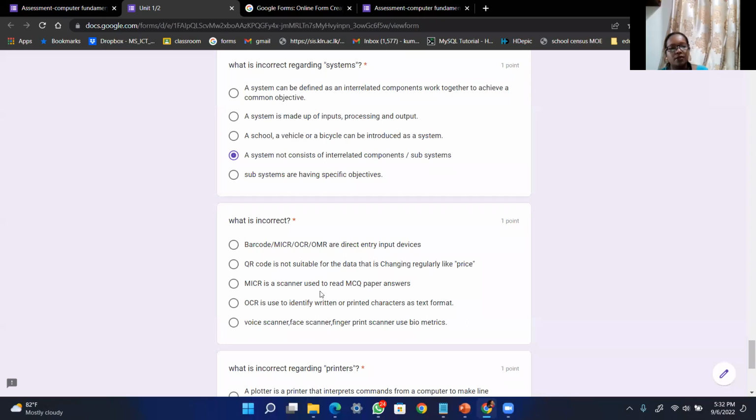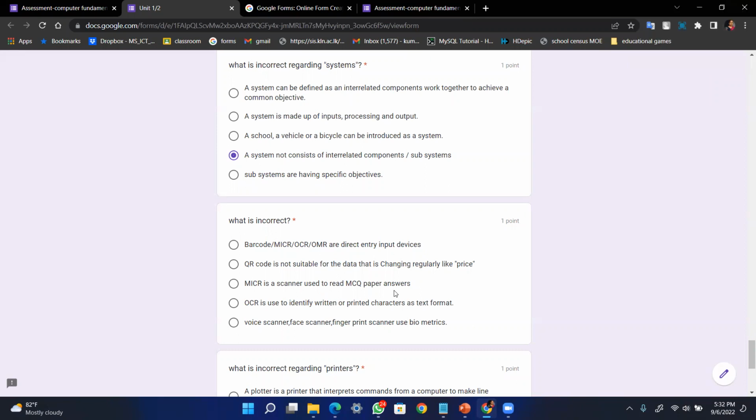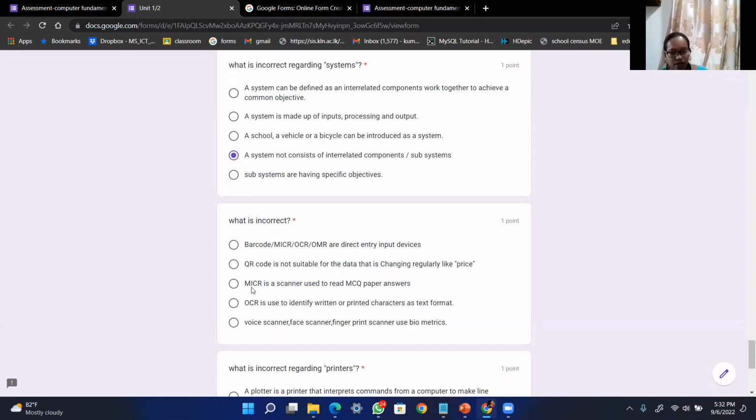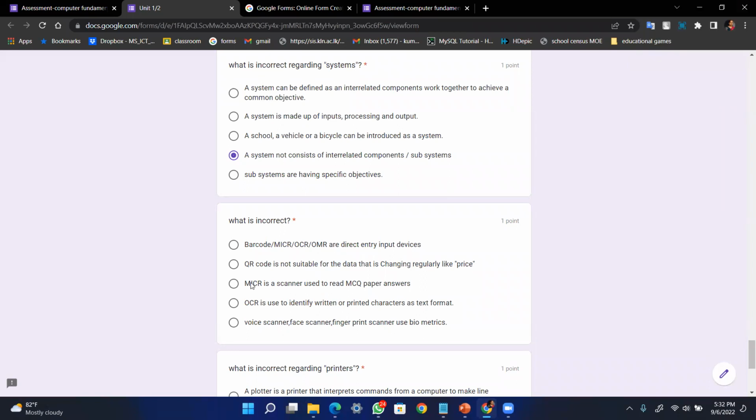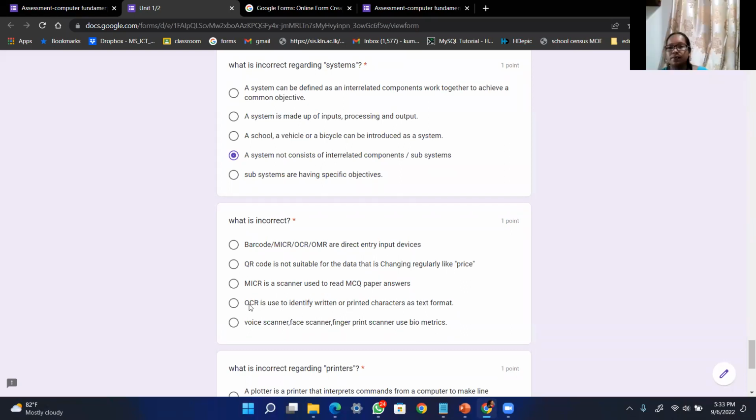MICR is a scanner used to read MCQ paper answers. False, teacher. What is MICR used for? It's used to check the accuracy of bank checks, to read bank checks. To read MCQ papers, what device do we use? OMR, teacher. OCR is used to identify written or printed characters as text format. Correct. Where can we see this facility?